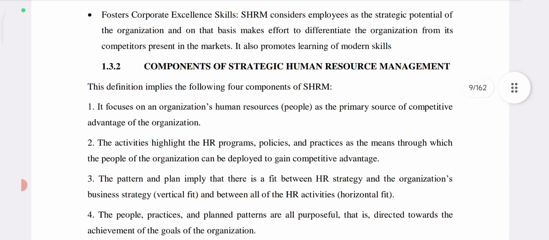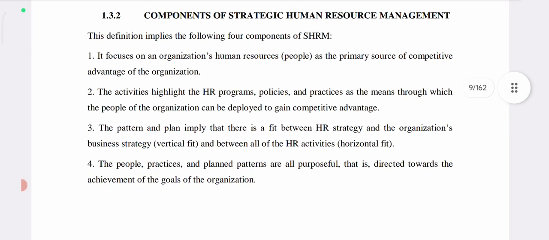Now we are going towards the components of strategic human resource management. It focuses on people, the primary resource, the competitive advantage of the organization. It highlights programs toward HR policies and practices, the means through which people in the organization can be deployed to gain competitive advantage. It implies that there is a fit between HR strategy and the organization's business strategy, the vertical fit.